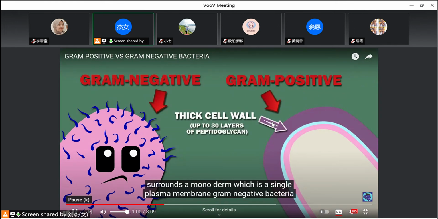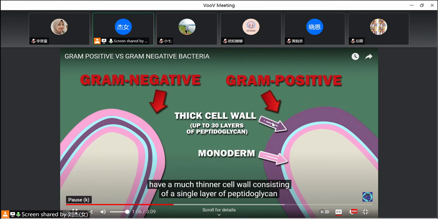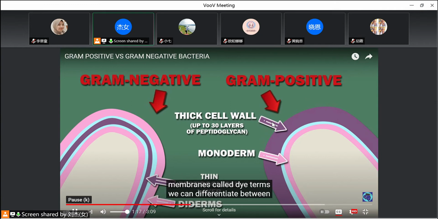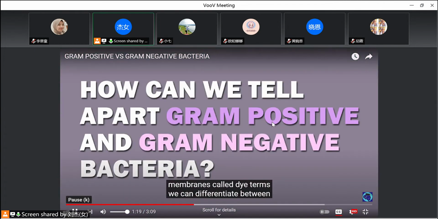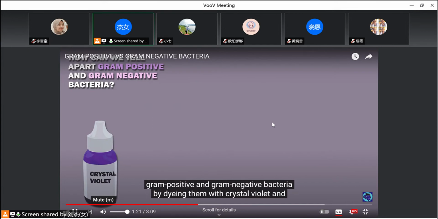This cell wall surrounds a monoderm, which is a single plasma membrane. Gram-negative bacteria have a much thinner cell wall, consisting of a single layer of peptidoglycan. This layer of peptidoglycan is sandwiched between two lipid bilayer membranes called diderms. We can differentiate between gram-positive and gram-negative bacteria by dyeing them with crystal violet.